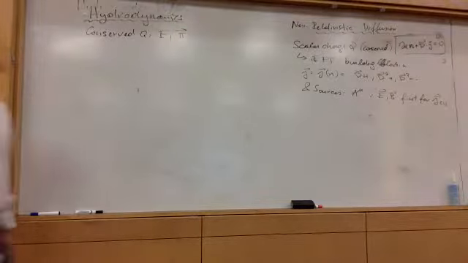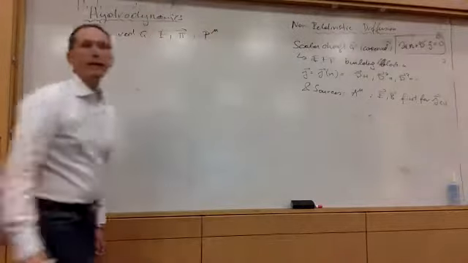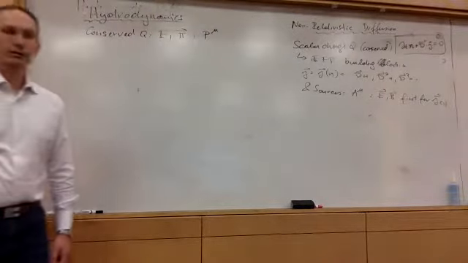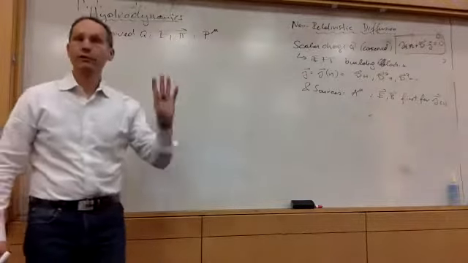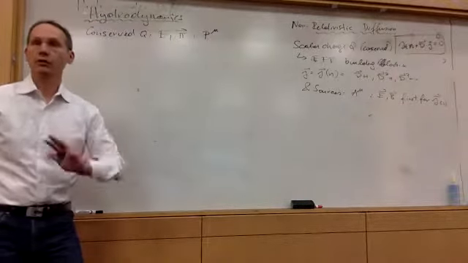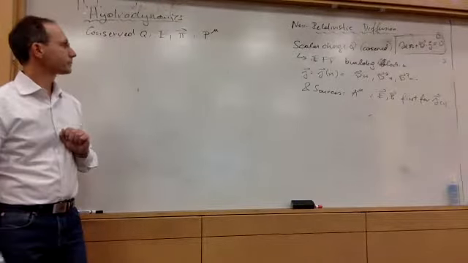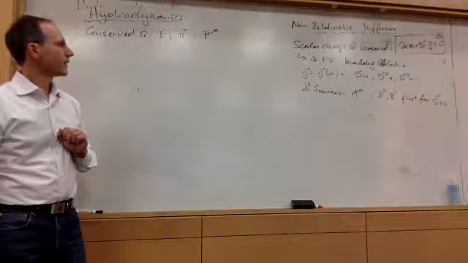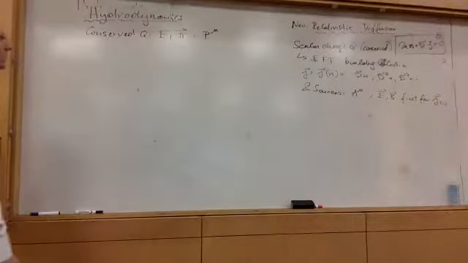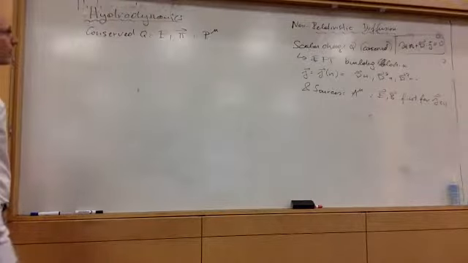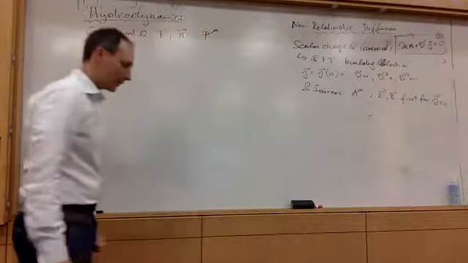So we can lump these together as a 4 momentum P mu, and that means that instead of having a scalar quantity, we have a 4 vector quantity, which is the conserved quantity that we want to use. And as such, I want to use the same idea as I did in the diffusion equation, which is that I want to write down an effective field theory in terms of these building blocks.